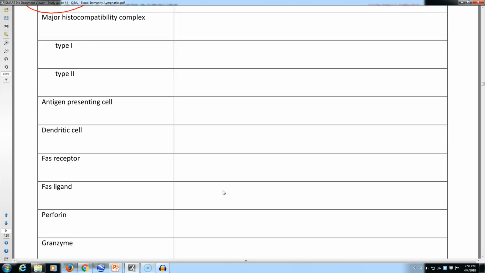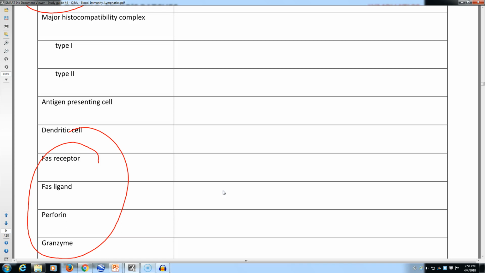Okay, so this, Fas receptor, Fas ligand, perforin, and granzyme. Remember we were talking about the mechanisms how cytotoxic lymphocytes, or natural killer cells, can destroy the infected cells? So there are 2 options. One option is Fas receptor and Fas ligand. You don't have to memorize where is Fas receptor, where is Fas ligand.